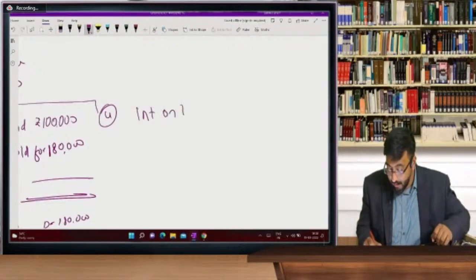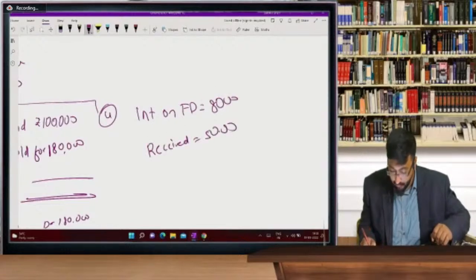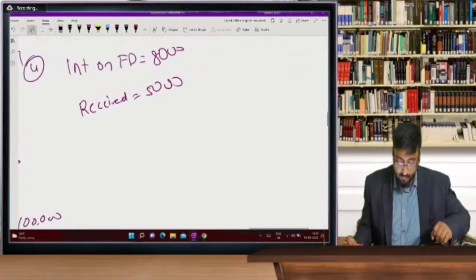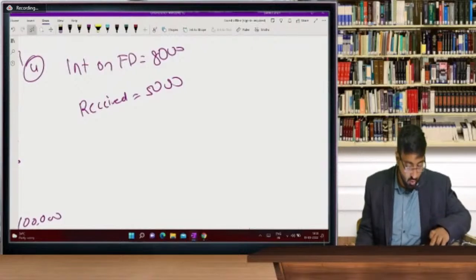Interest on FD is 8,000, received 5,000. Received 5,000. Interest on FD is 8,000, but till now received 5,000.